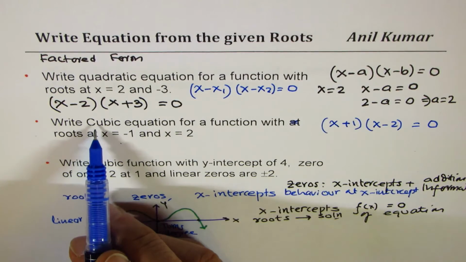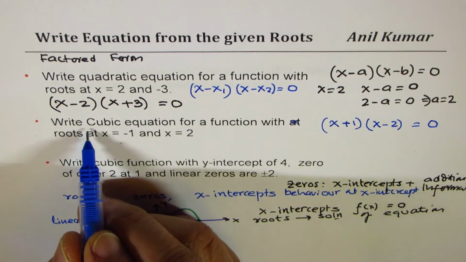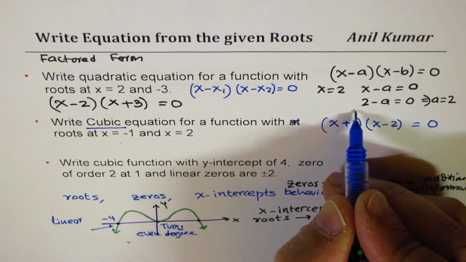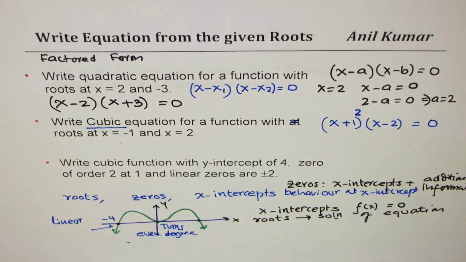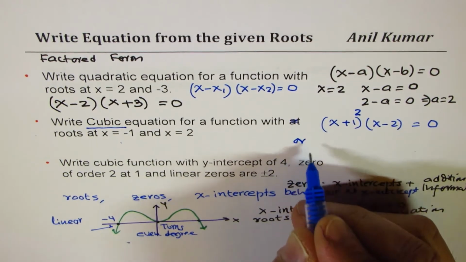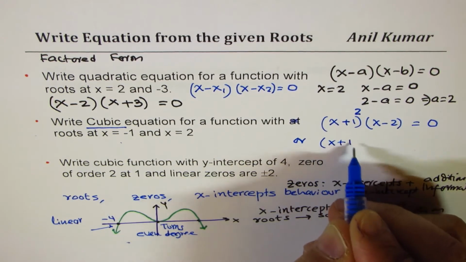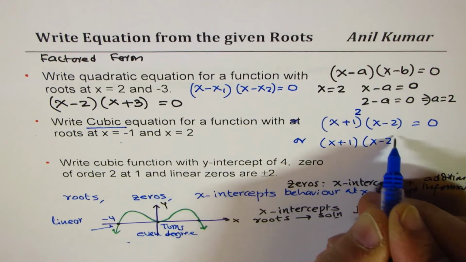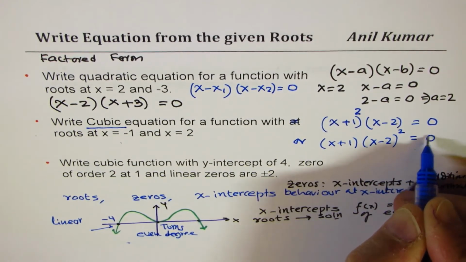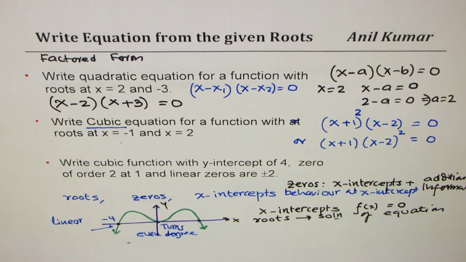So if you have to write a cubic equation, what should you do? Well, one of these factors should be of order 2. So you could write x plus 1 times x minus 2 whole square equals 0. Both are correct solutions.